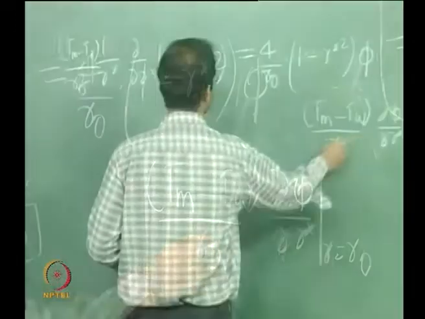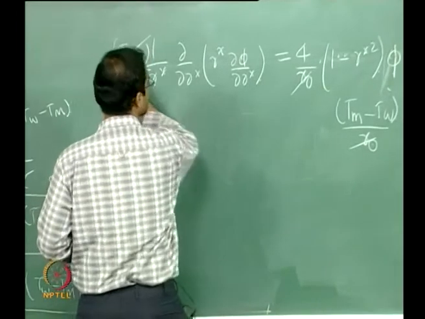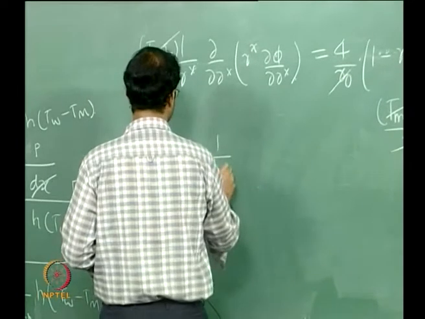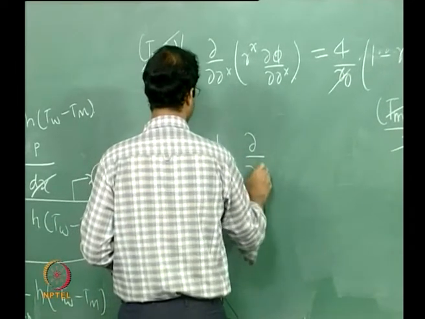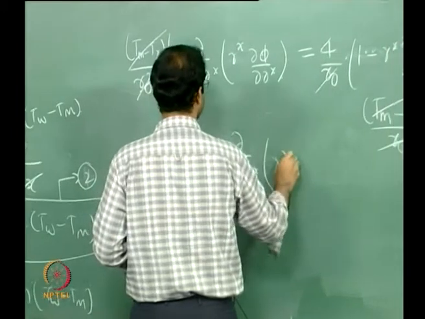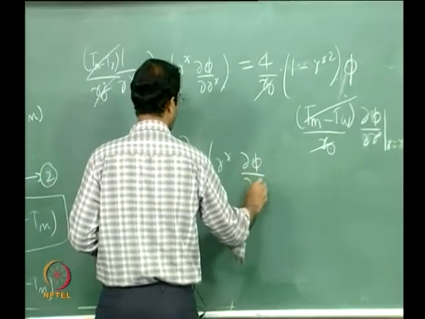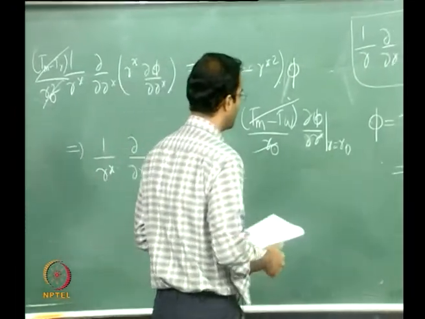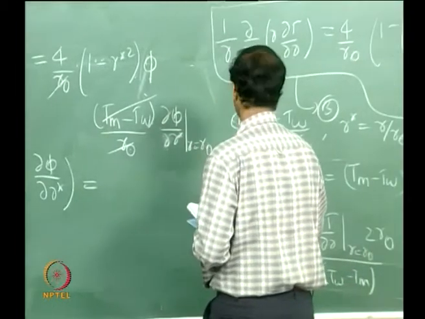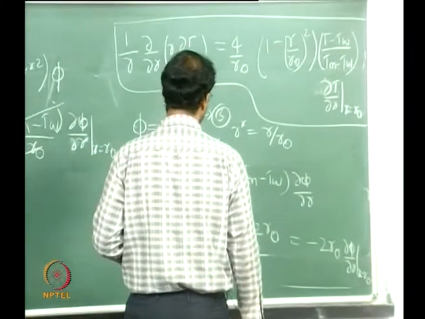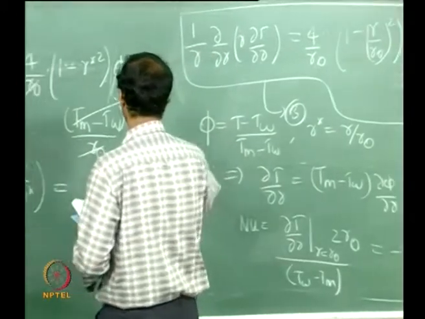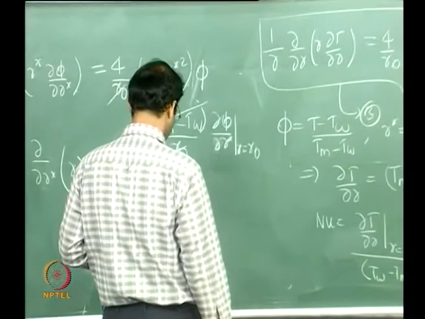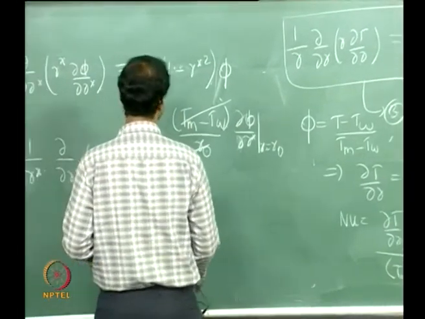So r naught squared will cancel, Tm minus Twall cancels, and I am left with the final non-dimensional form: d by dr star of r star d phi by dr star, which is equal to, now that I have the expression for the Nusselt number as minus 2 r naught into d phi by dr, I can replace d phi by dr at r naught as Nusselt number by 2 r naught.